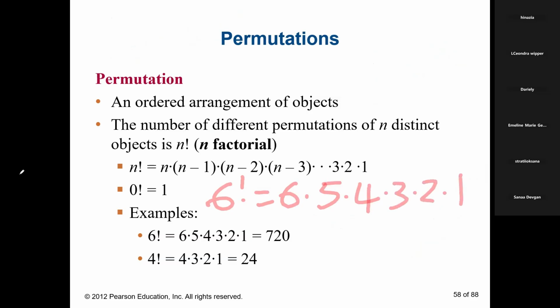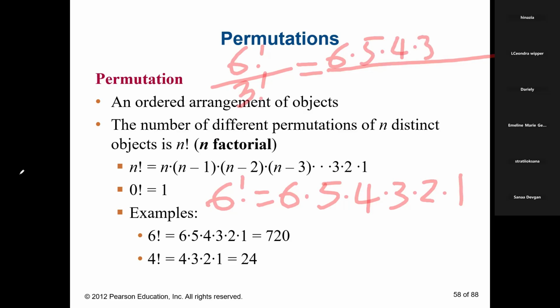Now, if you have 6 factorial over 3 factorial, you can go all the way down to 6 times 5 times 4 times 3 times 2 times 1. And then 3 factorial can be 3 times 2 times 1.